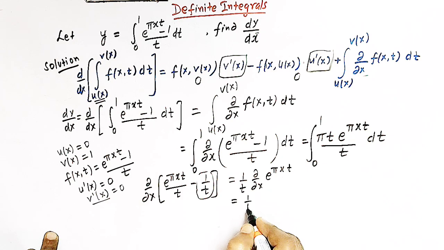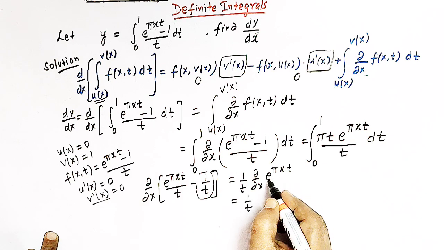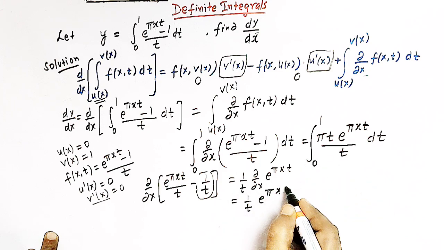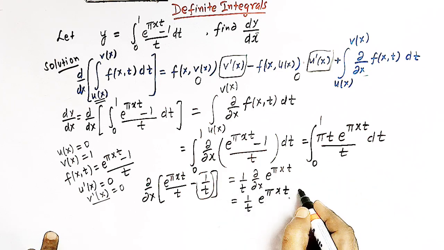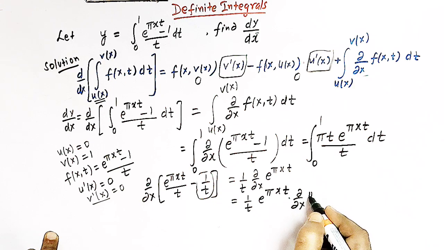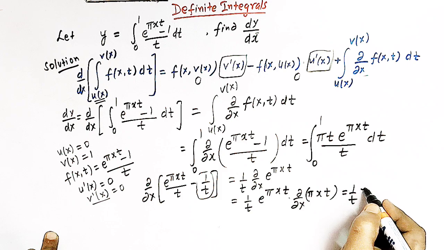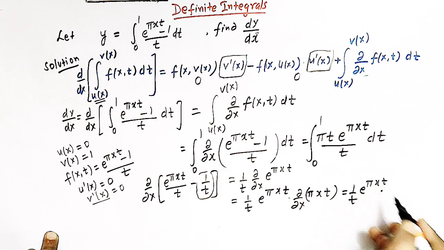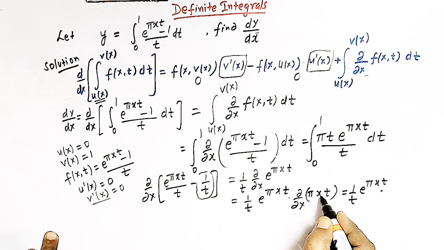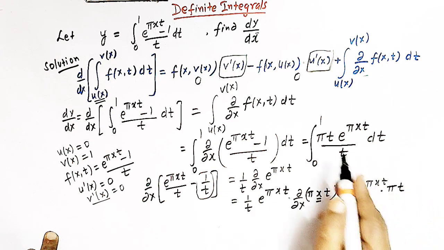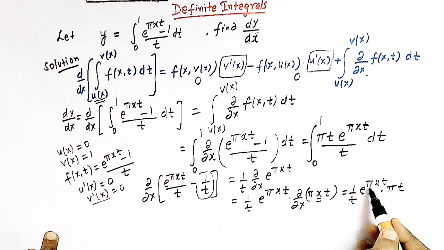So now we have 1 over t, and the derivative of the exponential function is the exponential function itself, and then by chain rule we have del by del x of pi xt, right? So we have 1 over t e raised to pi xt, and here the derivative of x is 1 with respect to x, so we have simply pi t. So we have here pi t e raised to pi xt over t.